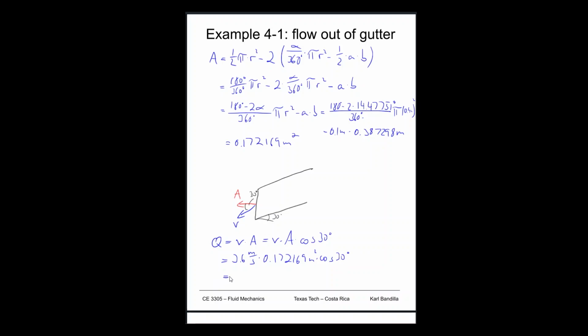That gives us 0.53677 cubic meters per second. We have the second here, the meters and the meter squared. If we round this off, we get 0.537 cubic meters per second. That will be our volumetric discharge across that surface.